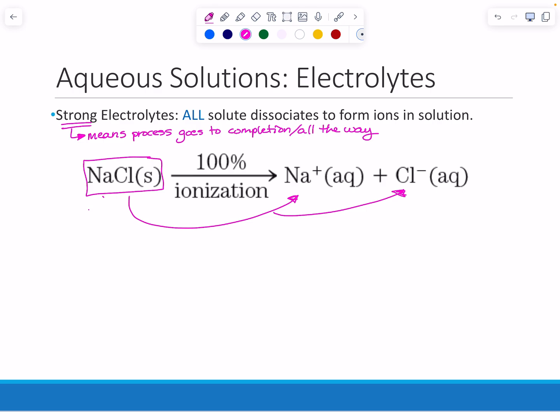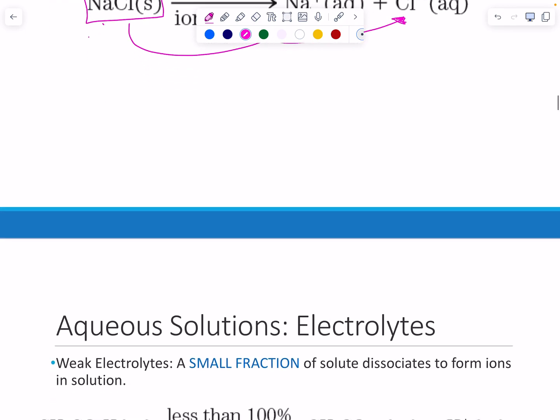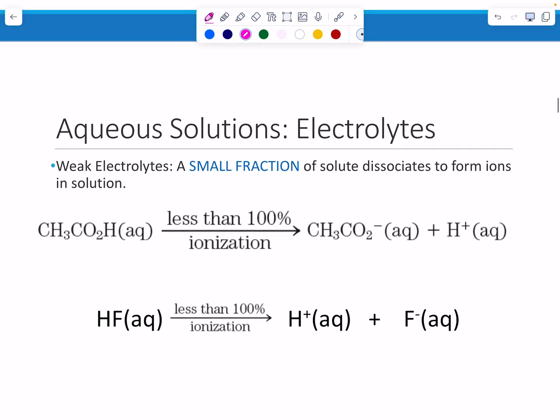I get the maximum amount of ions out of what I put into the solution. The other thing that can happen is I can have something that is a weak electrolyte. This happens to be acetic acid, which is also an acid. So this is acetic acid.